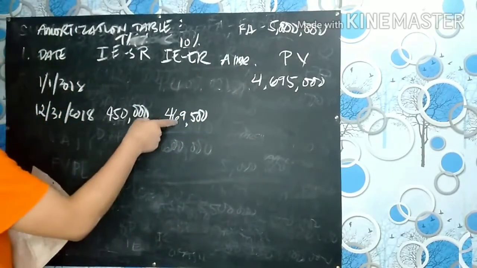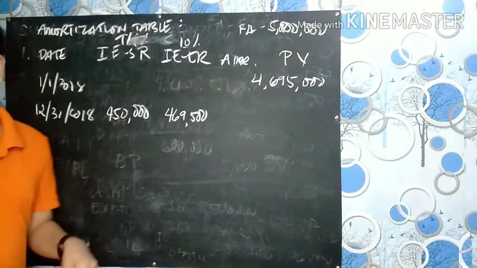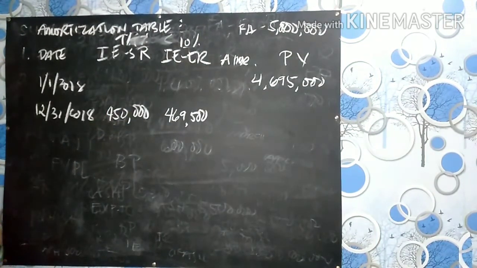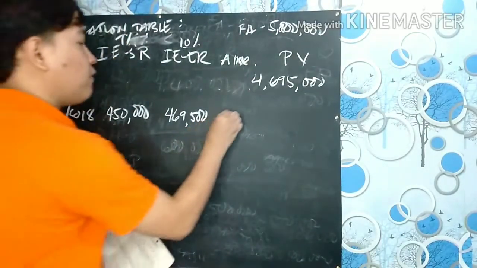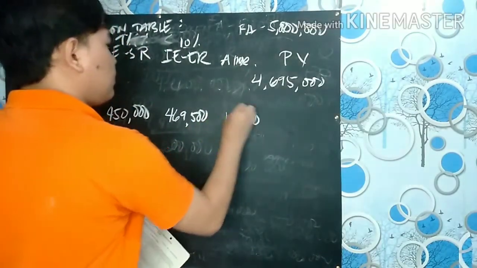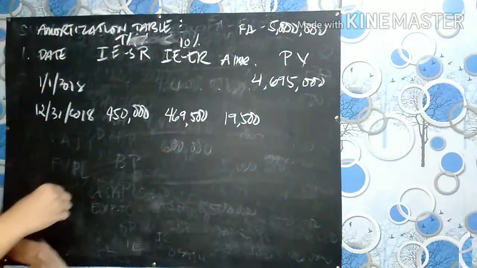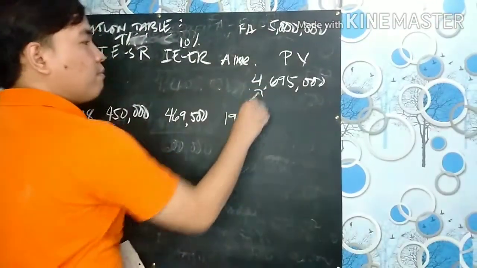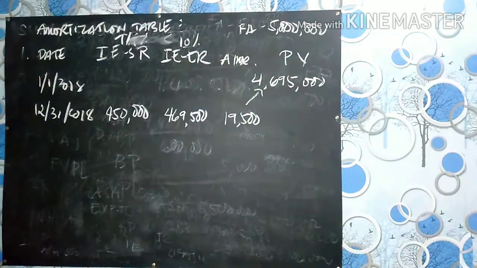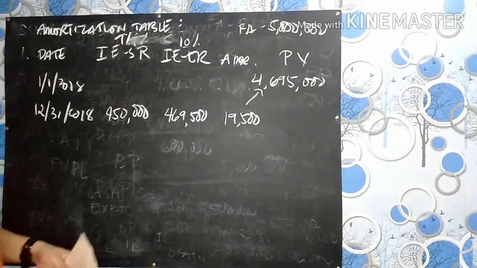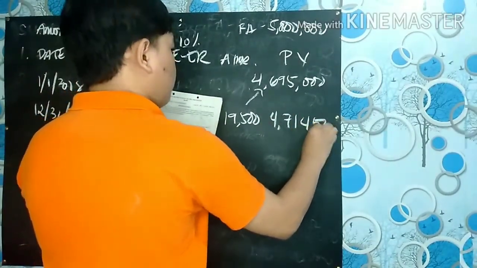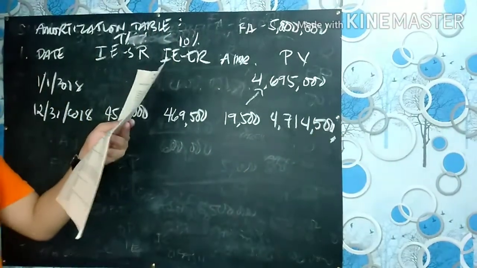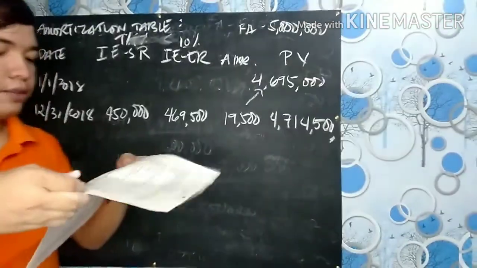Less natin yung 450,000 stated interest. The amortization for the year 2018 is 19,500. So, i-add natin siya sa present value. So, plus 4,695,000. The answer is 4,714,500, which is the answer for letter C.